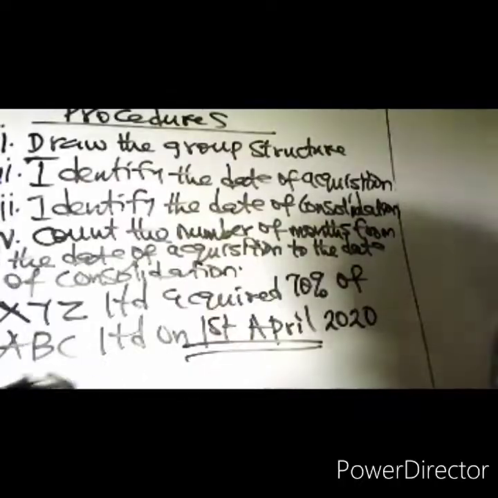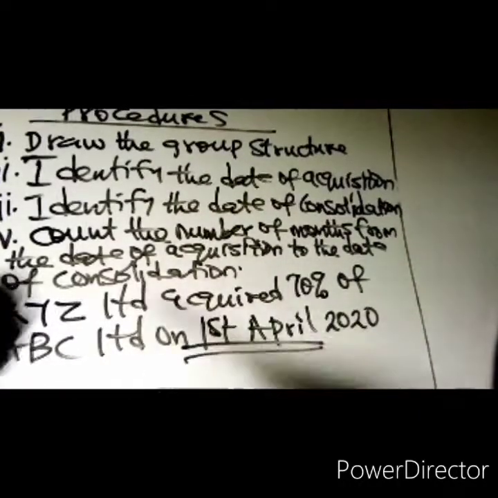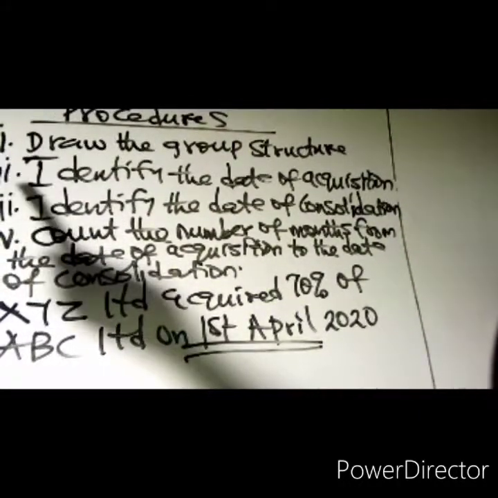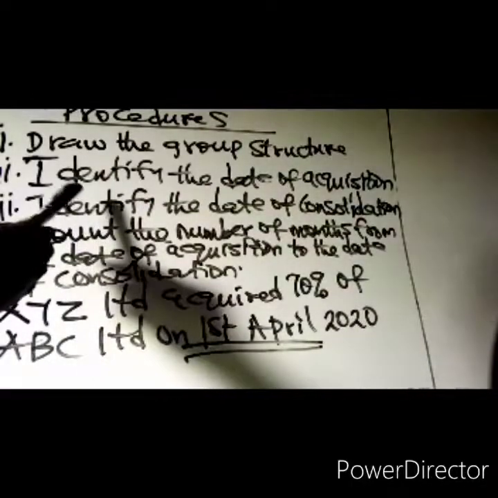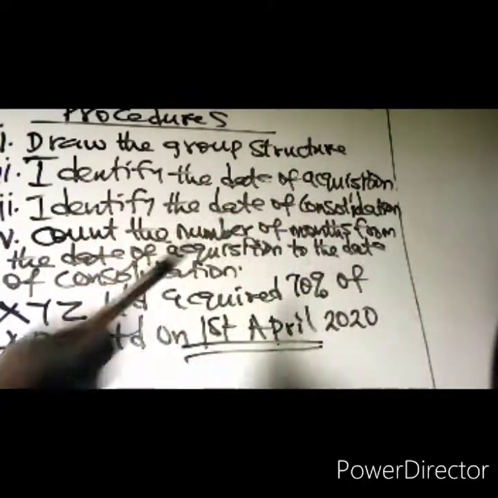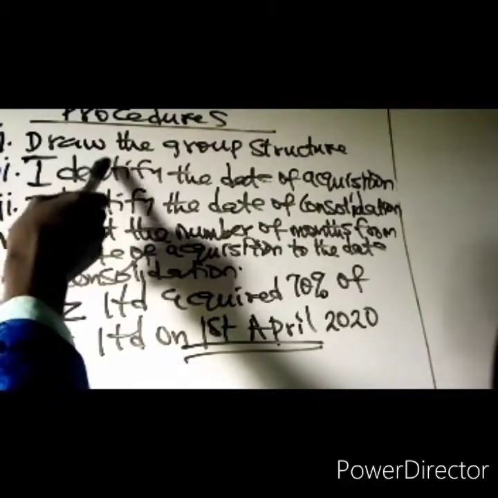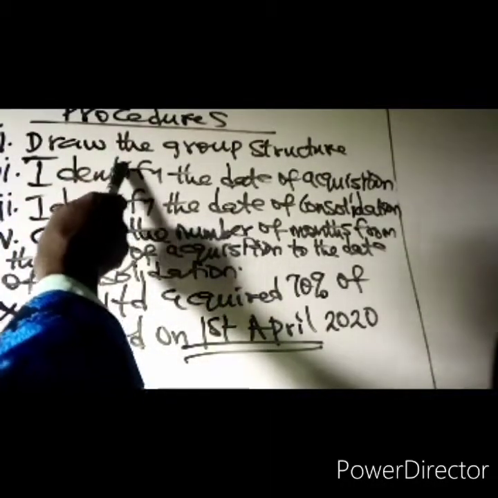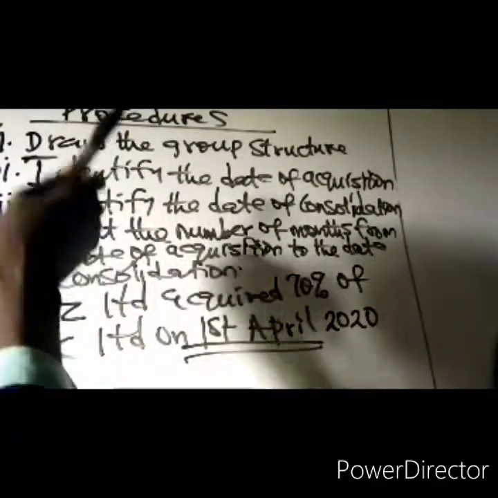Please, this is very necessary. From step two you identify the date of acquisition, then step three you identify the date of consolidation. You now count the number of months from the date of acquisition to the date of consolidation.